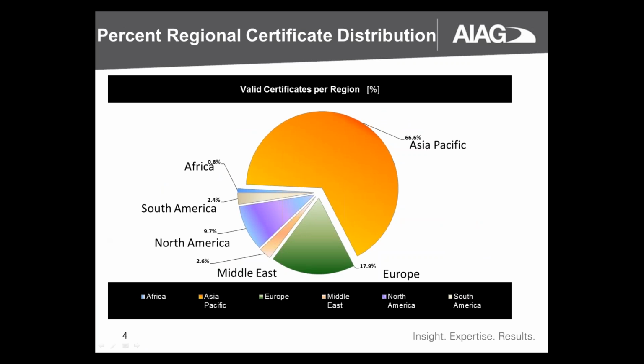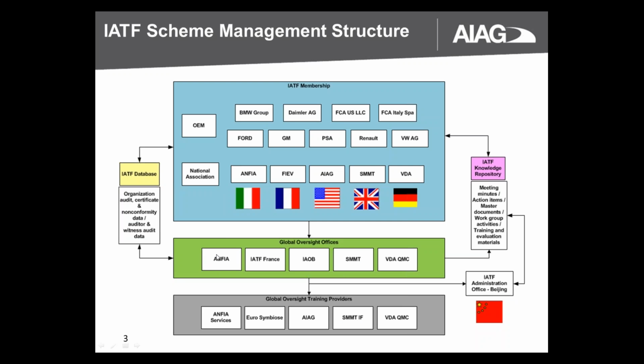So the first slide is a schematic showing how the automotive certification scheme works. You have the IATF member OEMs, including Ford, GM, Daimler, BMW, etc., as well as some of the national associations.